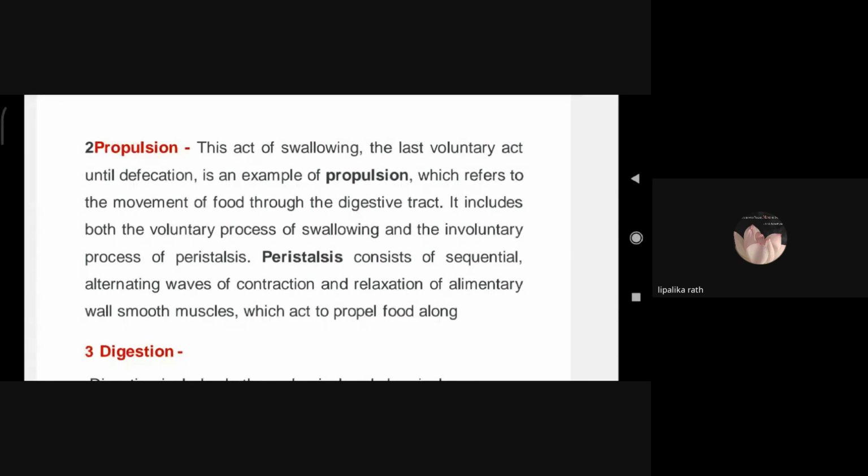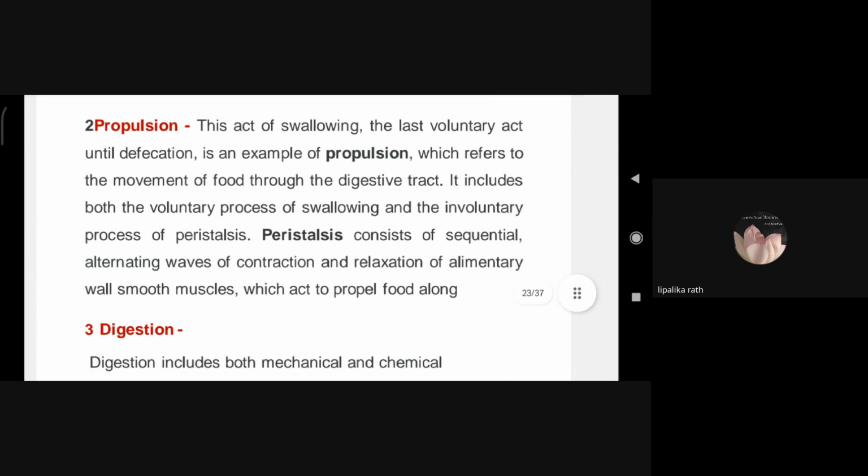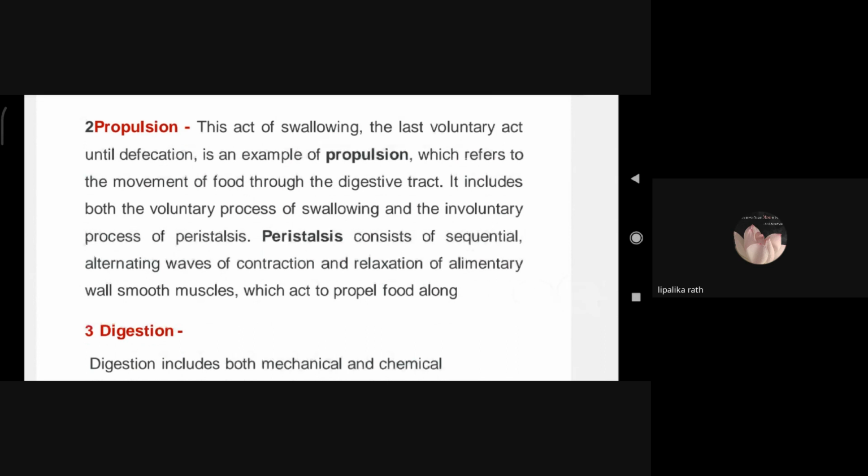process starting from swallowing to the defecation of stool. So propulsion consists of both voluntary and involuntary action, as it includes swallowing, which is a voluntary action, and peristalsis, which is an involuntary action.